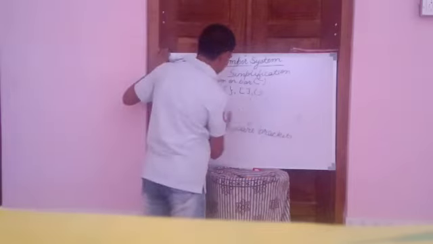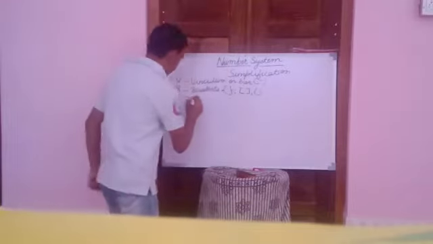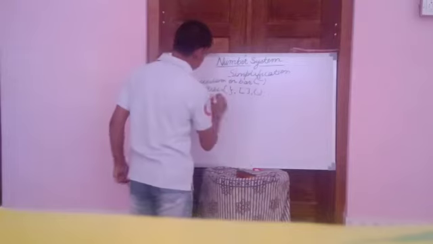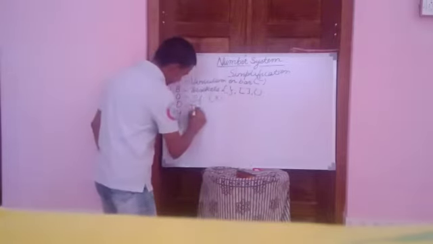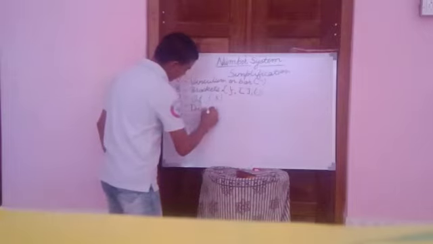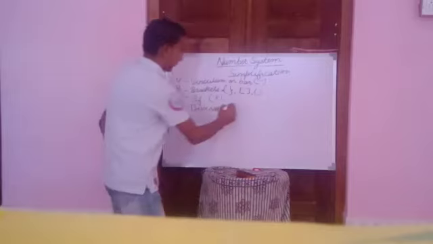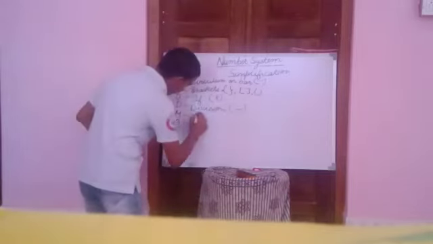So now let's discuss the next. This O means of. Its meaning is multiplication, and D means division. Division means this sign. Then the next is multiplication.